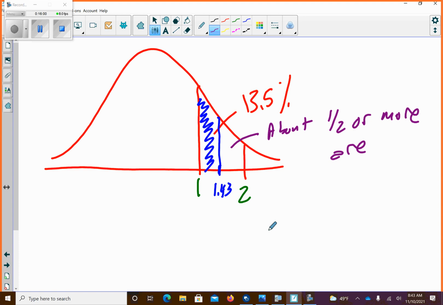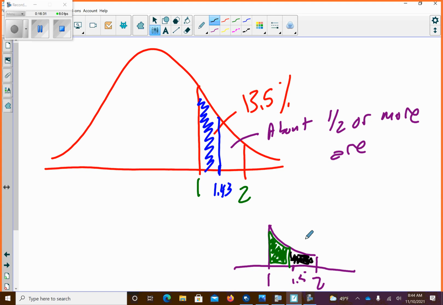I mean, we're talking about a sliver. If this is 1, this is 2, this is 1.5, you're talking about a sliver of it right here. So does that green region seem like a larger area than this black region here, just by visual? I think so. Okay, and again, I didn't draw it perfect.